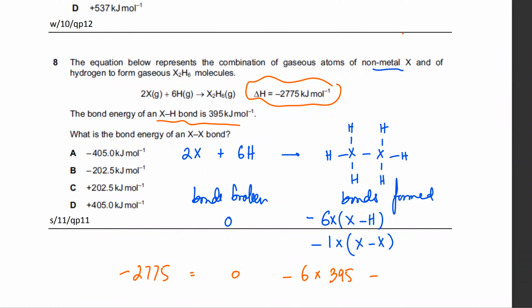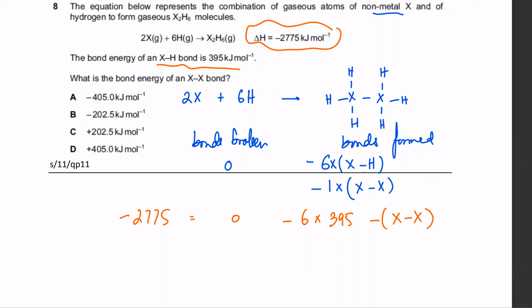And the other one is minus 1 times the XX bond energy. The XX bond energy is not known. So all you have to do is find the XX bond energy. So I'm just going to rearrange the terms, bring the XX on the left side. So it's going to be minus 6 times 395 and minus 2775. This would actually be plus.